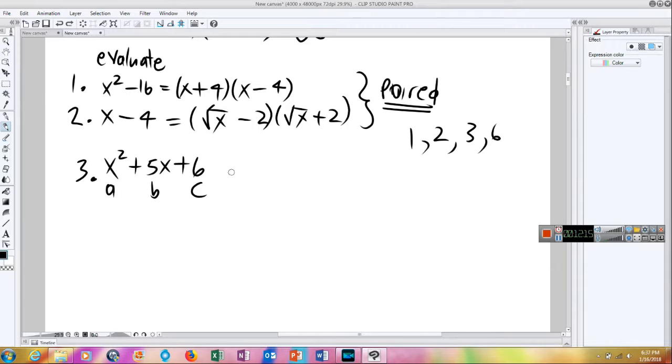So now we have x squared plus 2x plus 3x plus 6.